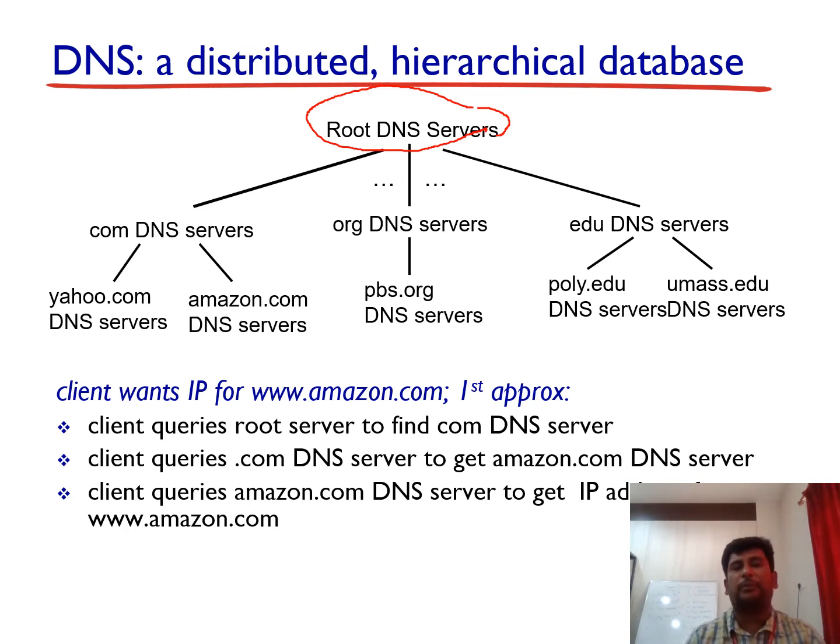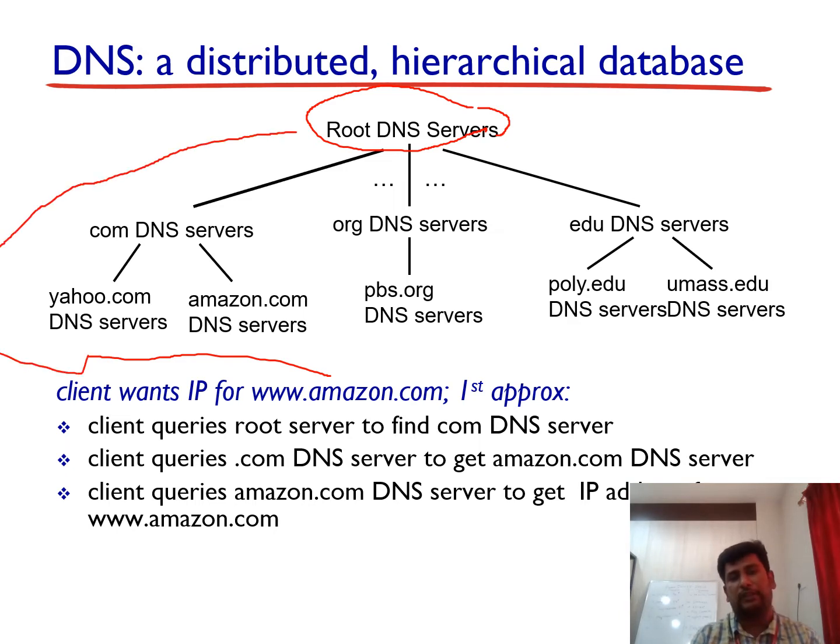For instance, I'm trying to search for a website called amazon.com. What will happen is, once I type this particular HTTP address in my browser, it will be forwarded to the root DNS server. The client queries the root server to find this particular DNS server. The root DNS server will observe that the website is amazon.com, so the client queries the .com DNS server to get the amazon.com DNS servers.